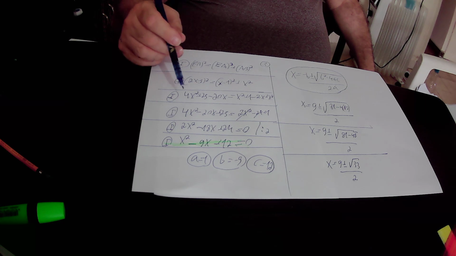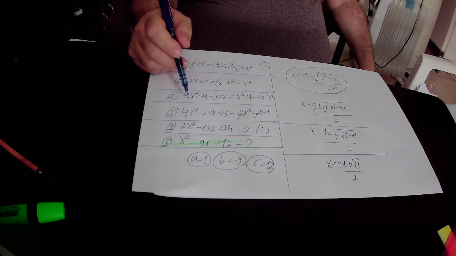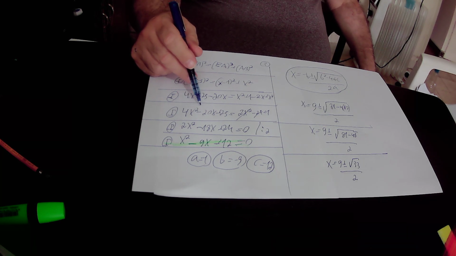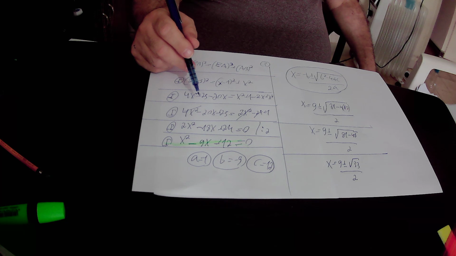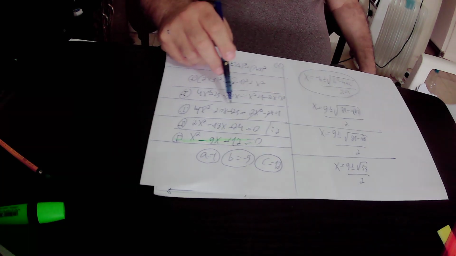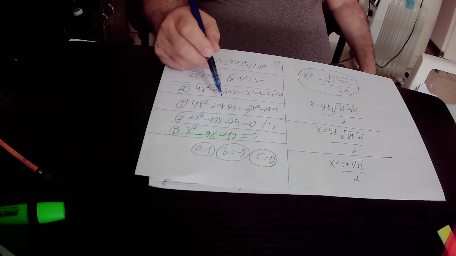We subtracted 2x squared from equation number 1. So here 4x squared minus 2x squared is 2x squared. And we also added 2x to equation number 1. 2x minus 2x is 0, and minus 20x plus 2x is minus 18x.